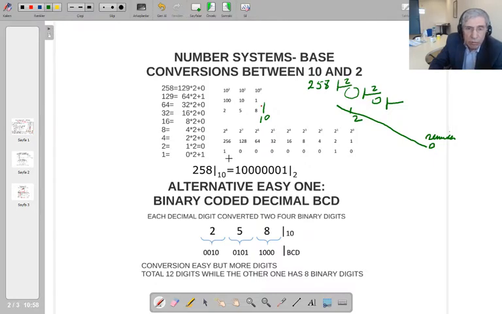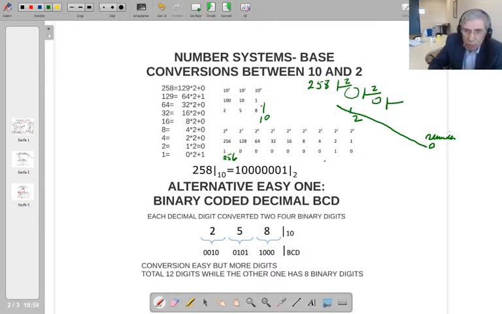The nearest number to that decimal number is 256. So you're going to put 1 in this position. What is left is 2. So in the 2 position, if you put 1 as well, the other positions are going to be 0, because we add 1 time this position, which is 256. 0 positions are going to give you 0.